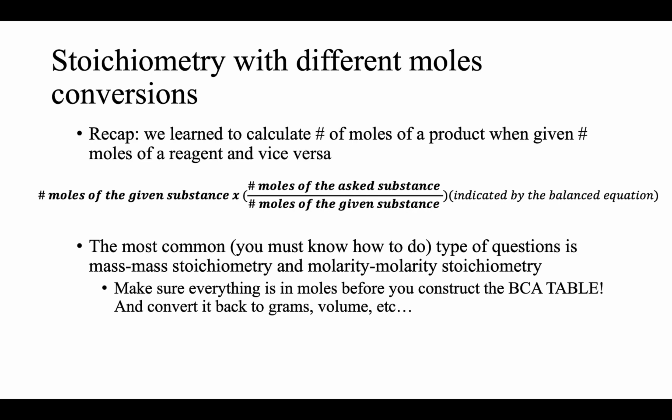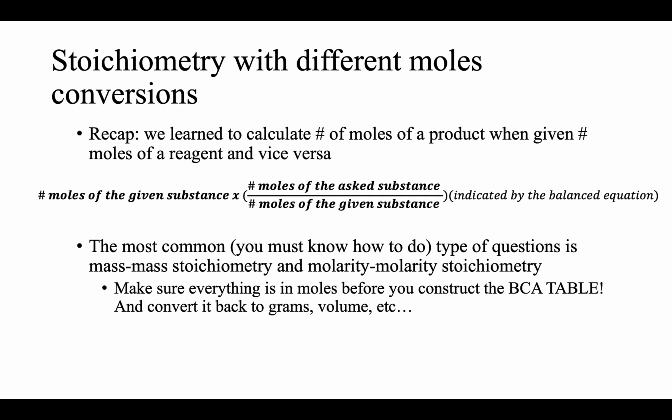The key idea from the last video is we can use the number of moles of the given substance, usually given in the question, and multiply that by our mole ratio, which is the number of moles of the substance that you're trying to solve for over the number of moles of the given substance. This mole ratio is indicated by the balanced equation.